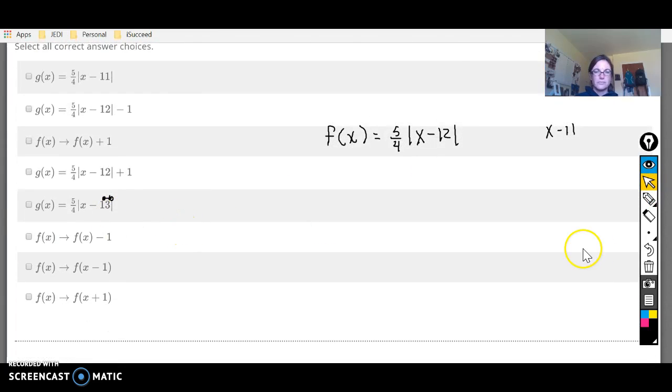Well, we have to map this from our original f(x) to, instead of x minus 12, we have to add 1 to that. So we need this to be f(x plus 1), because remember, a plus 1 is going to shift us over to the left. So this is mapped from here to here. I'm adding 1.